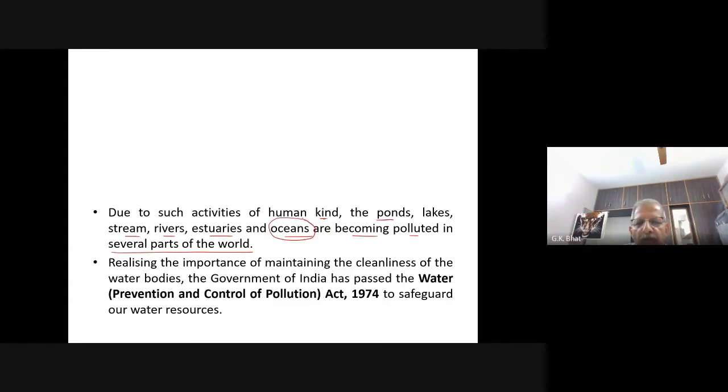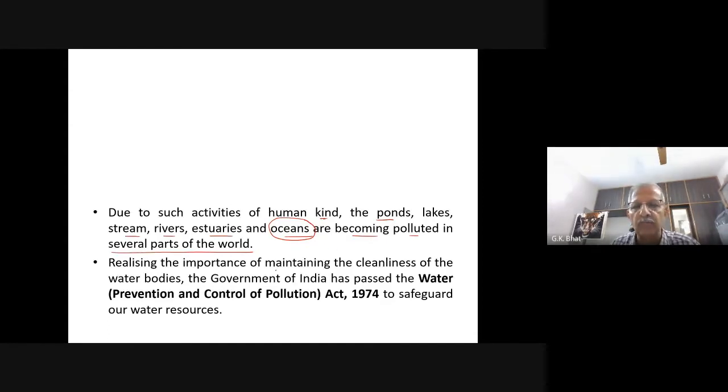I hope you might have heard that at the bottom region of certain oceans, here and there, several tons of plastic bottles are found accumulated at a certain depth of the ocean.